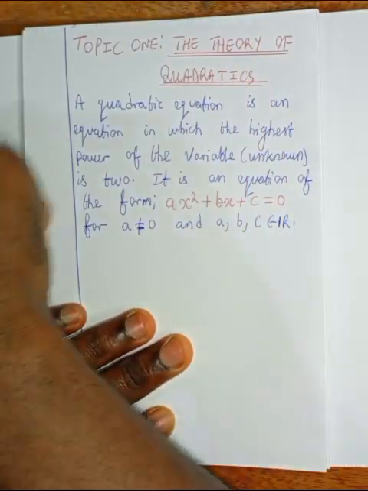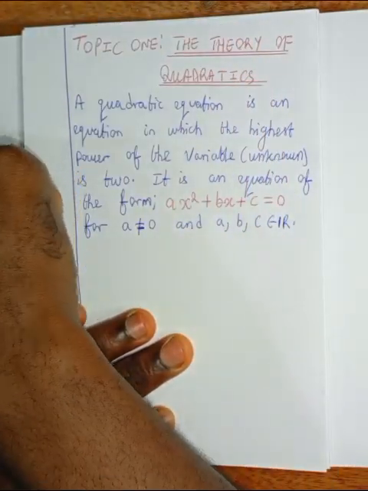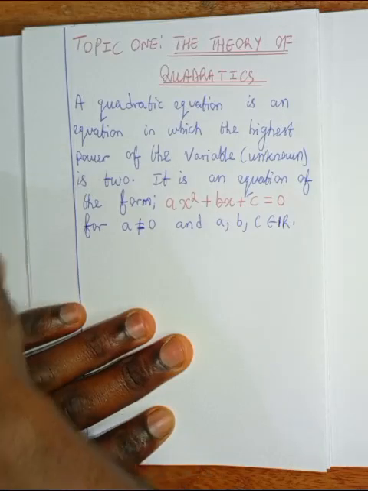Now I will explain why a should not be equal to 0.